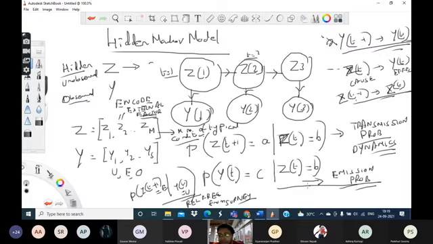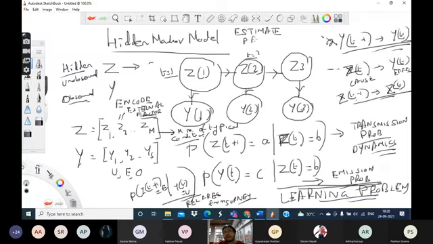So here is where there is a machine learning problem. This is a learning problem. That is to say, we are estimating the parameters of the hidden Markov model. Given some observations of Y, how do we estimate the parameters of the given HMM? How we actually estimate those parameters requires quite a bit of machine learning to answer.